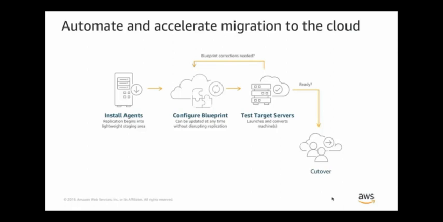In parallel, you can start configuring a blueprint. The blueprint will define exactly what your target environment will look like, in terms of compute as well as storage, whereas the staging area is built out of low-cost storage as well as low-cost replication servers to minimize cost.